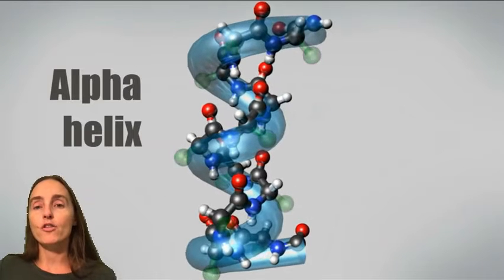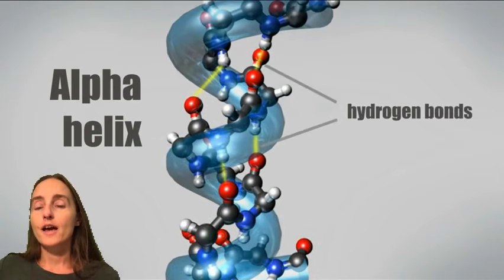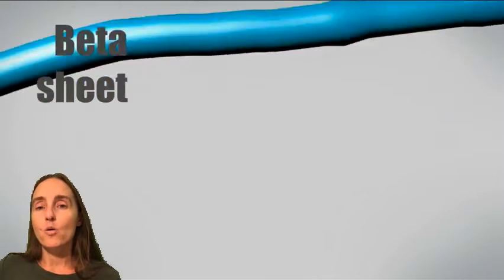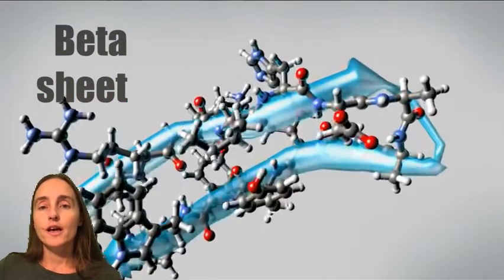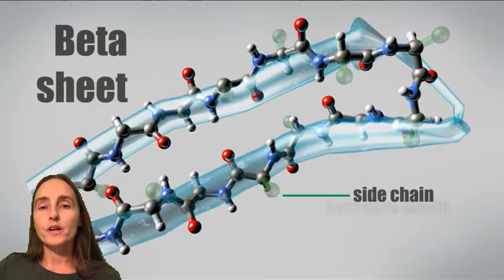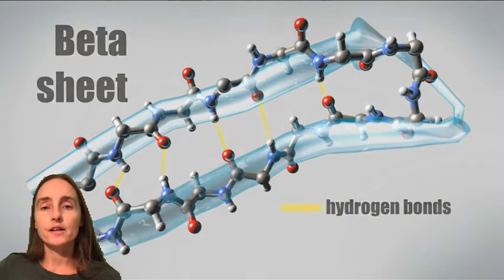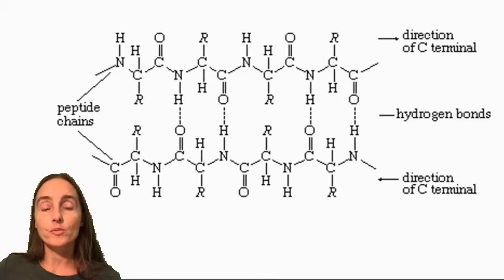The backbone where they're all the same, okay? Now, depending on how they fold, you can have an alpha helix or a beta pleated sheet, and that will provide a little bit of shape inside the protein once we're finished. Now the R groups are still just sticking out to the side. The R groups are not involved in this at all so far.